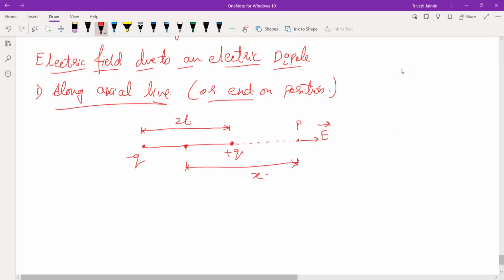So let's write the formula for the E parallel, E for an axial point: 1 by 4 pi epsilon naught into 2Px by (x square minus L square) the whole square.